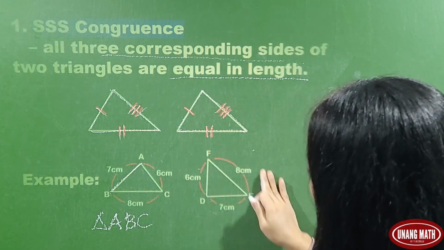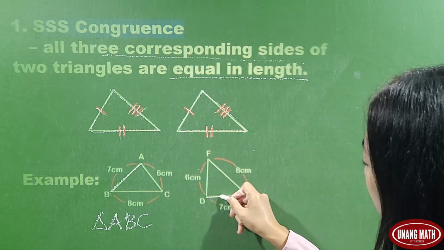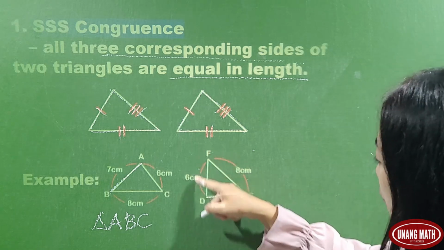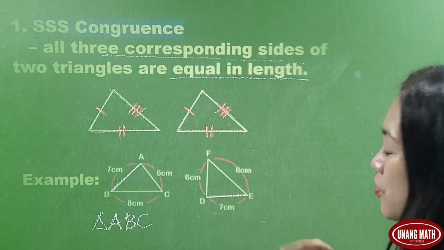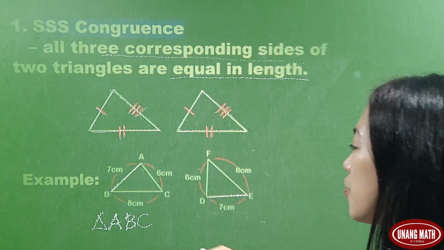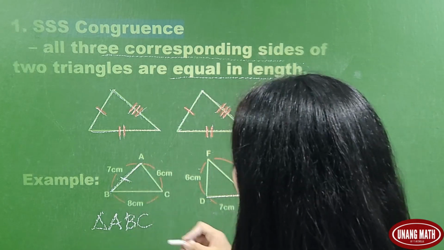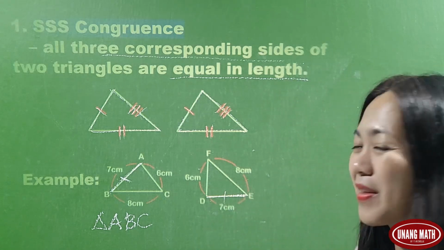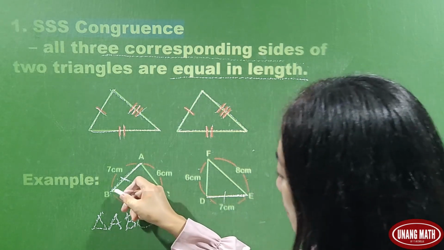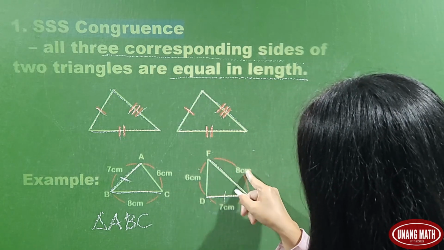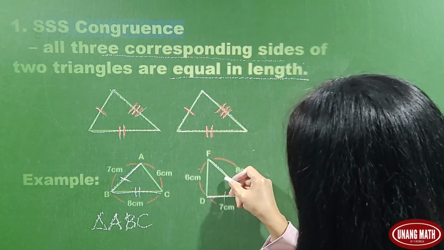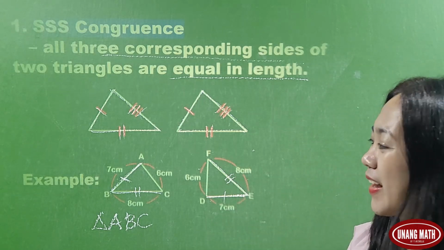If you're going to take a look at this triangle, we also have here a triangle, and this side also measures 7 centimeters, which means this side corresponds to this side. Okay, how about this side? This is 8 centimeters. This is also 8 centimeters.